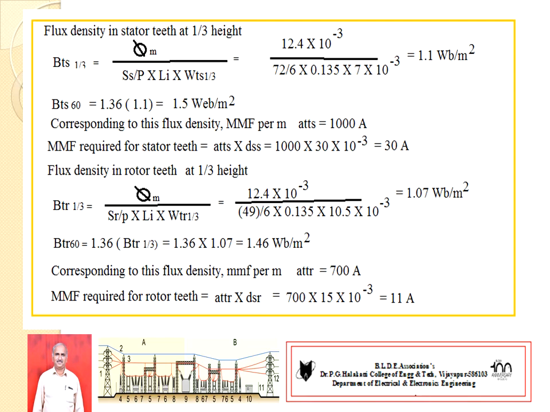Then corresponding to this flux density from the BH curve, ATTR is 700 AT per meter. Therefore, MMF required for rotor teeth equals ATTR into DSR. DSR is depth of rotor slot. Again you take it in meters. So we are going to get 11 AT.